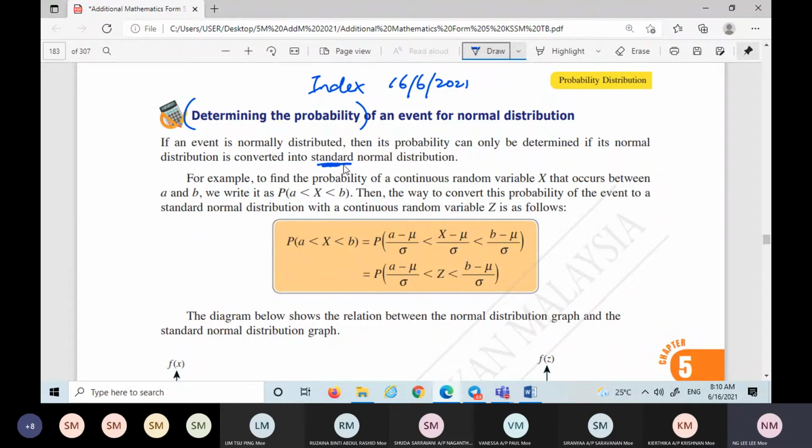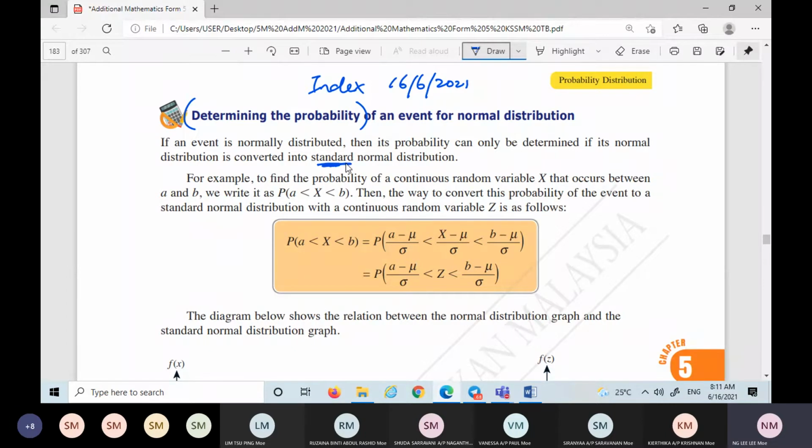We don't have other tables that have a different mean and different standard deviations. So if you want to refer to the table and get the probability, which is the area under the curve, what you have to do is convert it into this standard normal distribution. No other way.